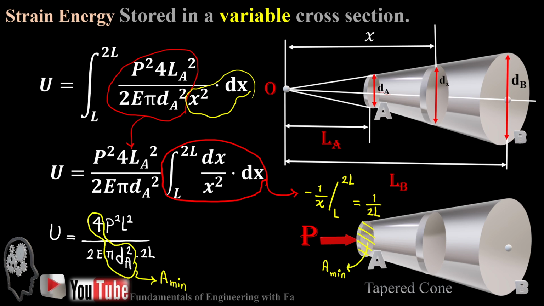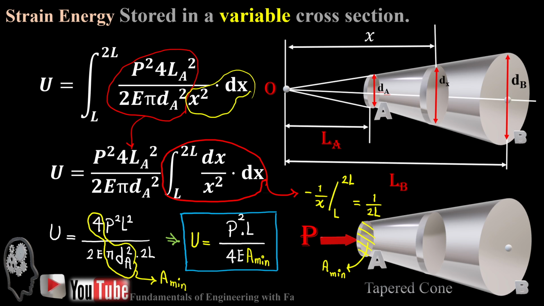Replace it back into the main equation and just consider pi times dA squared over 4 as A minimum. So it gives you the strain energy stored in a tapered cone equal to P squared times the length over 4 times the modulus of elasticity and A minimum, where A minimum stands for the first cross section, which is here.